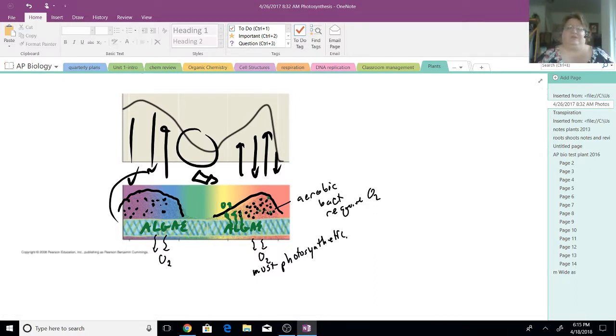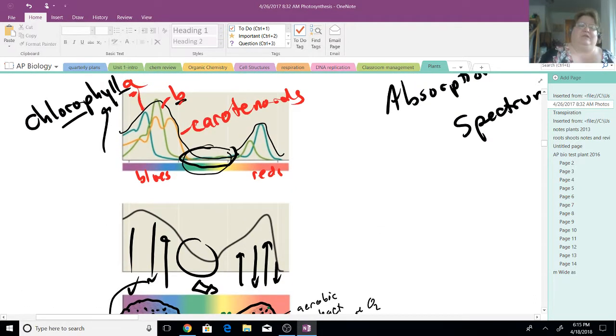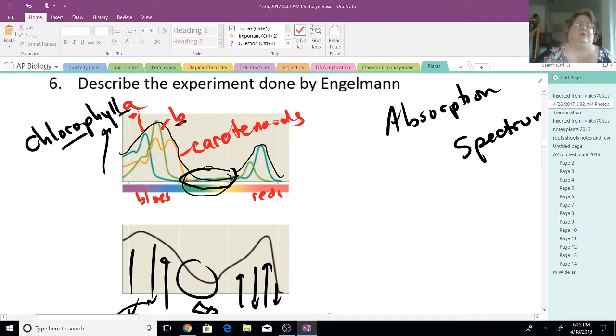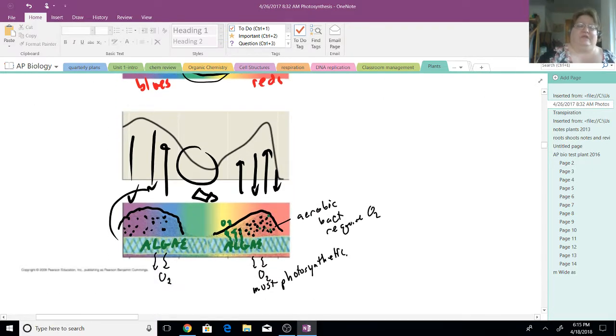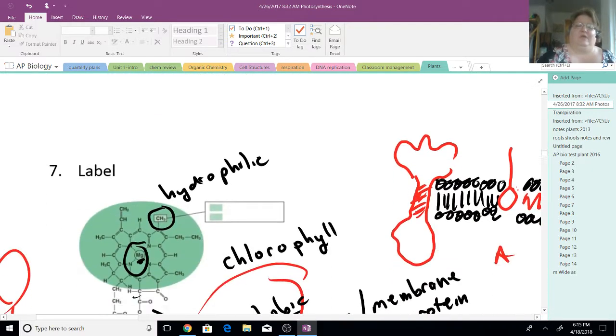Very clever, very intuitive little experiment. And then when we had the technology, we were able to look at that and say, oh, now we see why we're getting that curve. The chlorophyll A, chlorophyll B, they're absorbing these wavelengths that allow for that photosynthesis to occur.